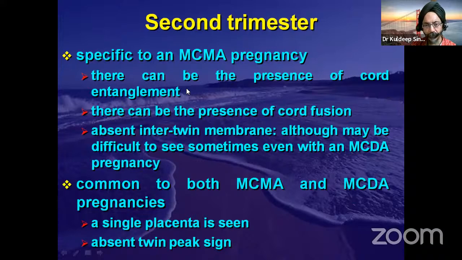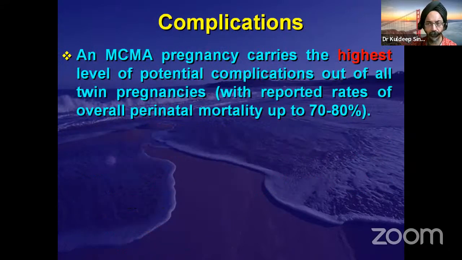There can be presence of cord entanglement, cord fusion. We can have an absent intertwin membrane. These are common to monochorionic monoamniotic: a single placenta seen, and an absent twin peak or lambda sign. Highest level of potential complications.